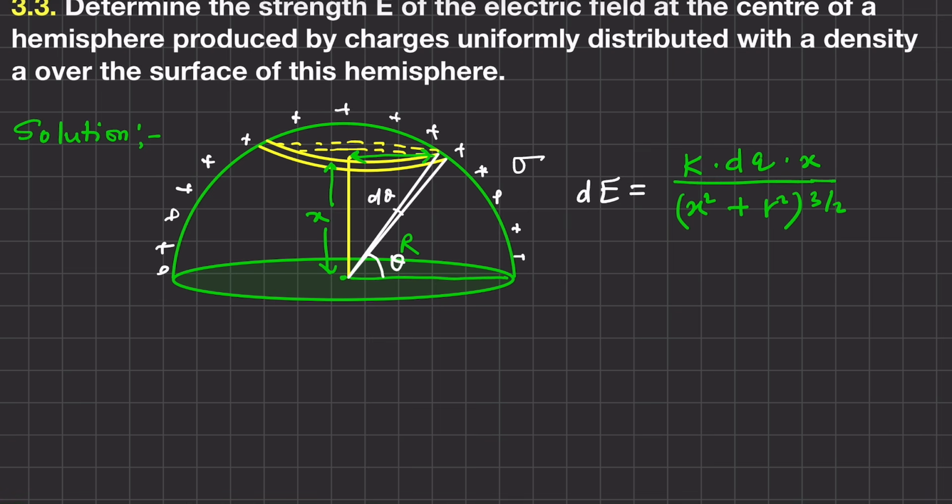Okay, I'll change the color once because I feel it is getting fused in the diagram. So guys, this is your x, and this is going to be r for this particular element.